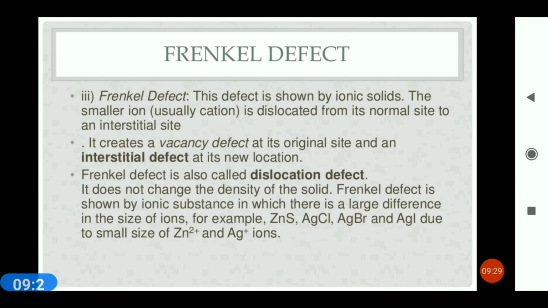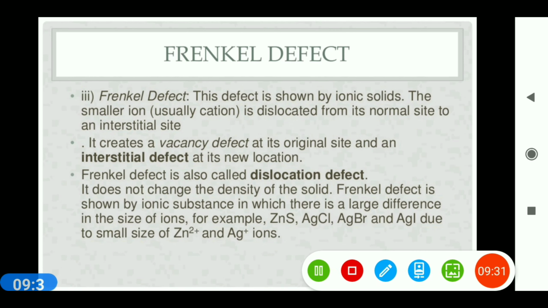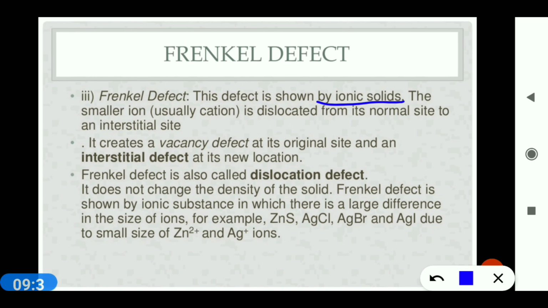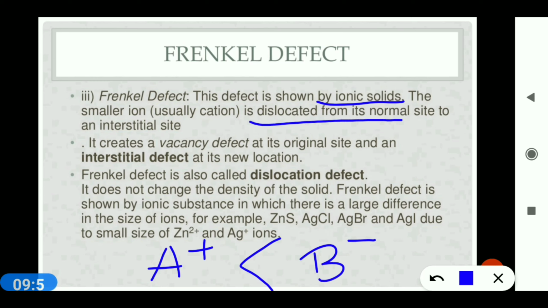Next is the Frenkel defect. This defect is shown by ionic compounds in which the size of the cation is smaller compared to the anion. The smaller ion, that is the cation, is dislocated from its normal site to an interstitial site.